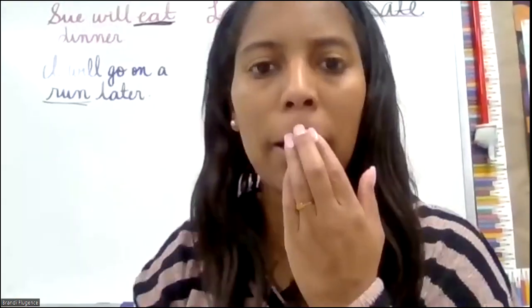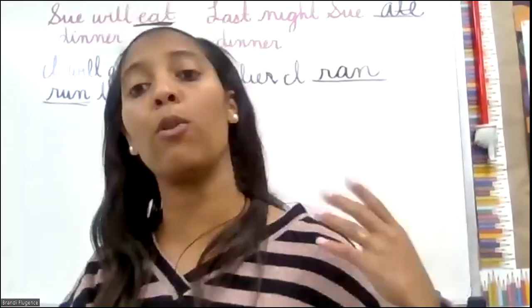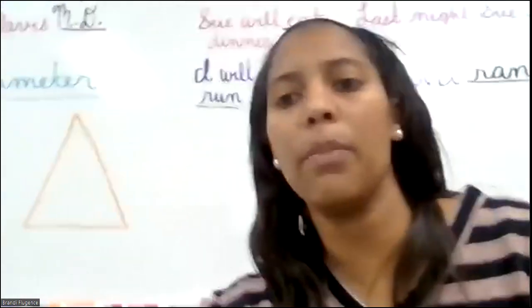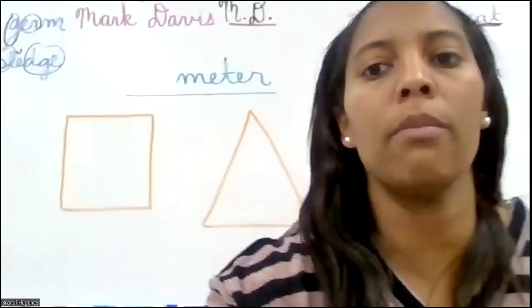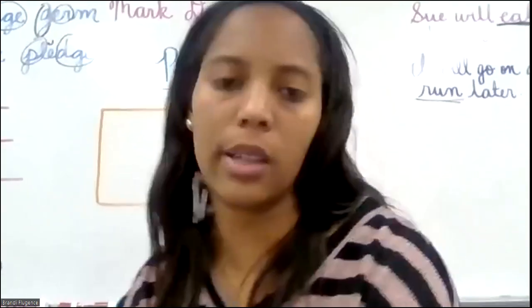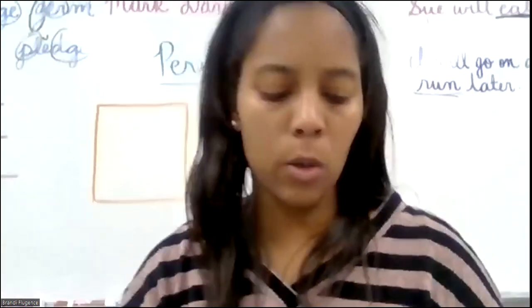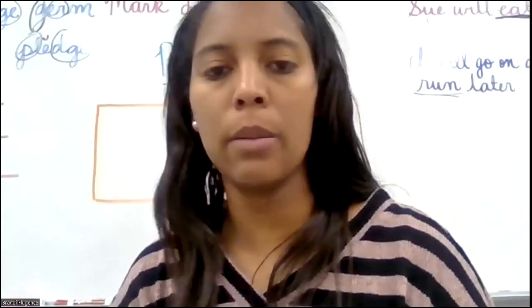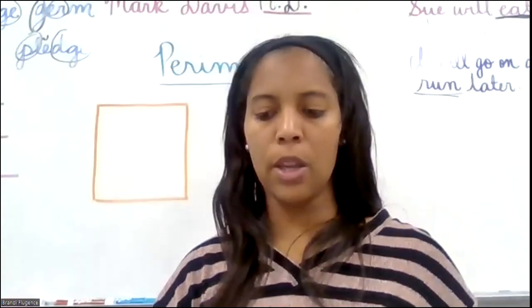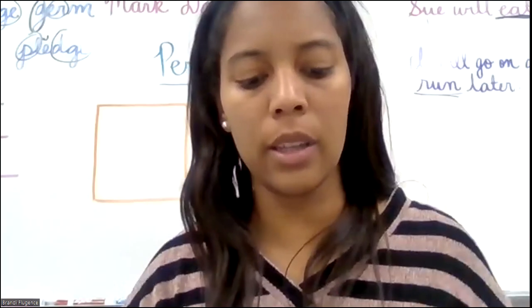All right, so what we're going to be moving on to is finding the perimeter of a shape. Okay, the perimeter or the parameter, same word. So when you are finding the perimeter of a shape, you are finding the area around the shape.